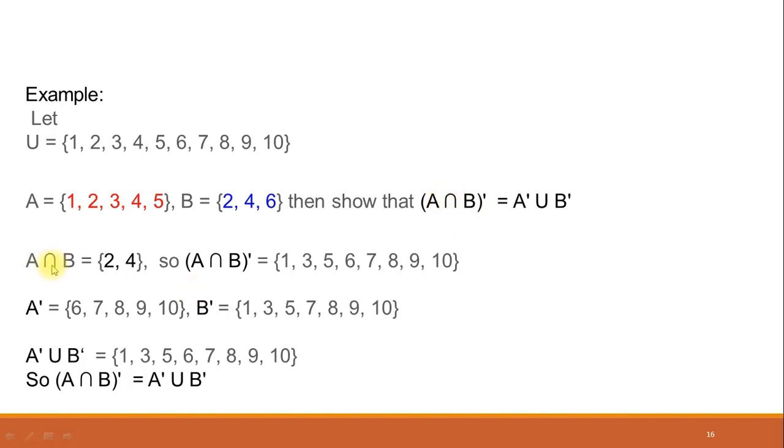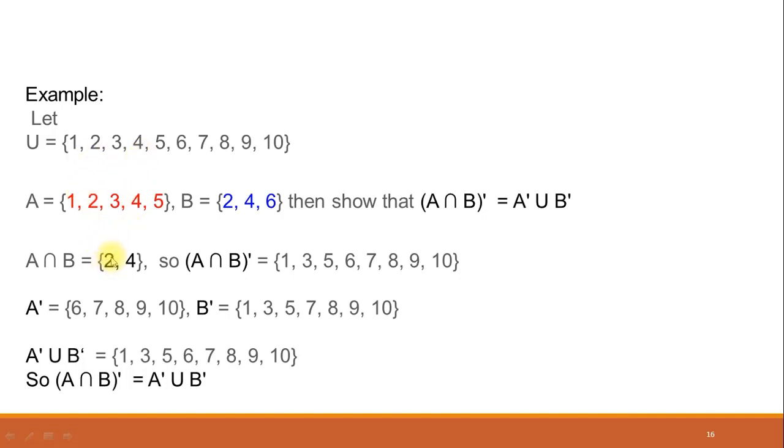For the left hand side, first of all find A intersection B. Since there are two common elements between sets A and B, which are 2 and 4, the intersection of A and B is equal to {2, 4}. Now to find the complement of A intersection B, we subtract A intersection B from the universal set.